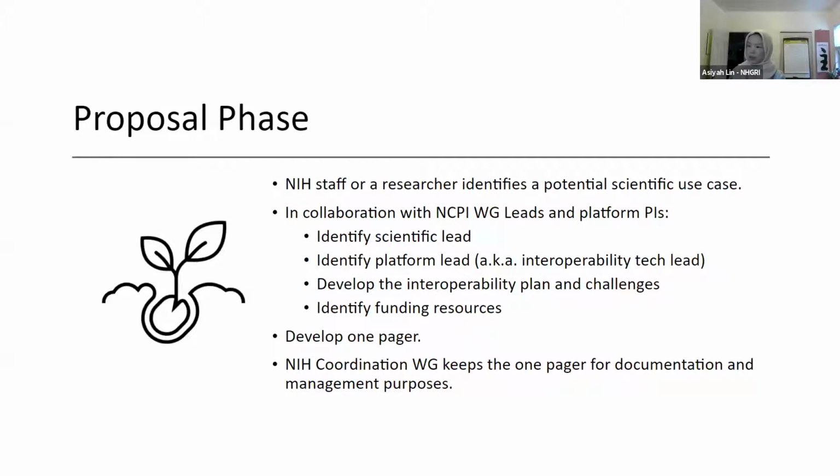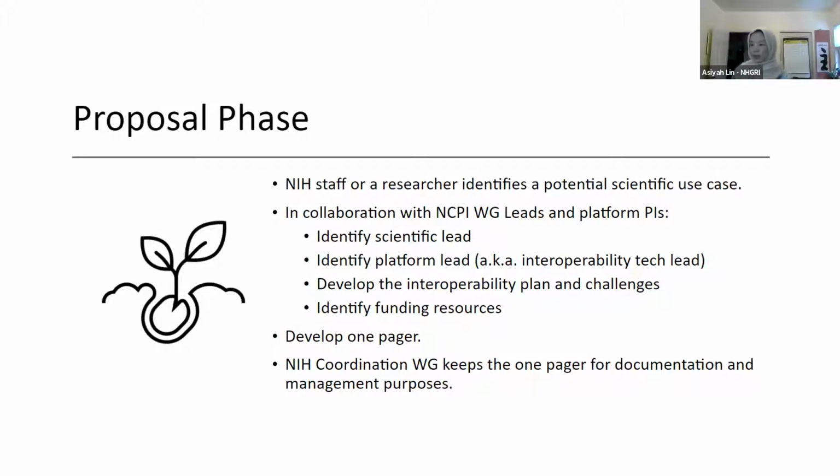During the proposal phase, any NIH staff or researcher can identify a potential scientific use case. After that, we need to collaborate with NCPI working group leads and the platform PIs to identify who are the scientific lead and the platform lead. These two are very important. The platform lead can also be the interoperability tech lead.